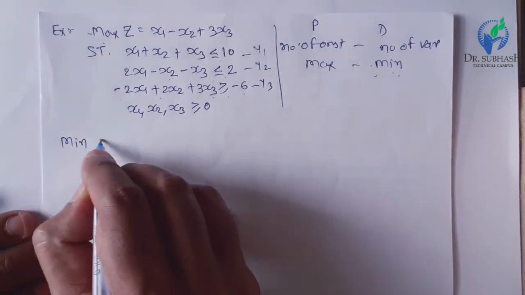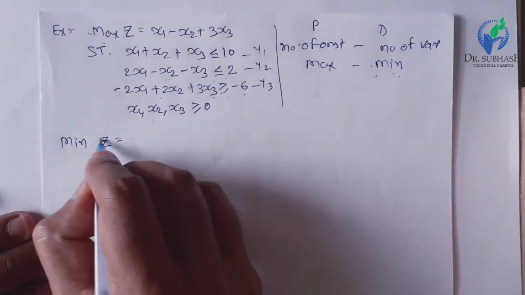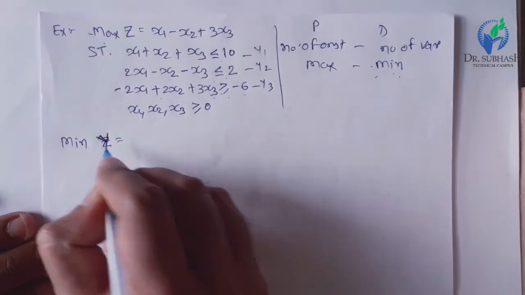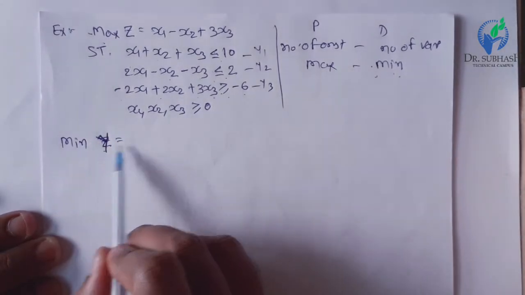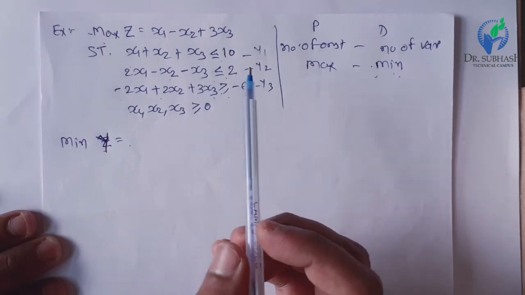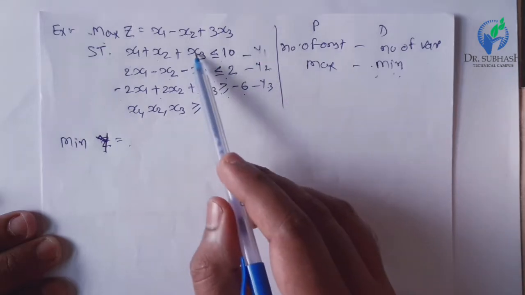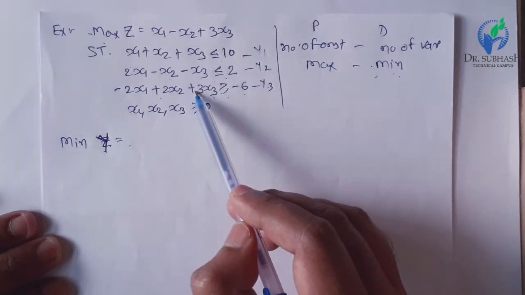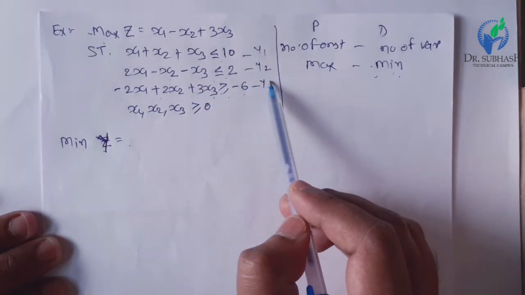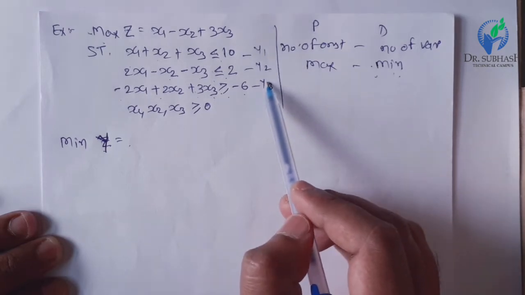So minimization y equal to, how many constraints are there? There are 3 constraints in the primal, so in the dual there will be 3 variables, and we will consider them y1, y2 and y3.